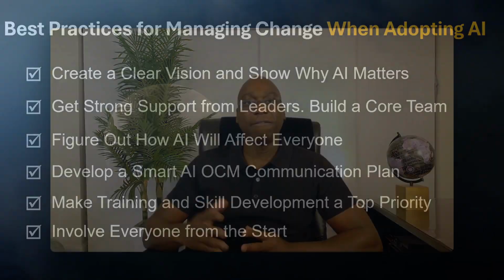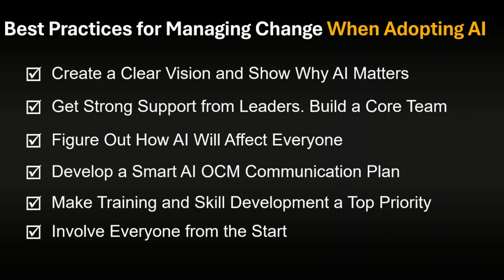If, for example, your AI implementation is impacting 500 people, 1,000, 5,000, 10,000, 20,000, you cannot include everyone. And so you want to ensure you include the champions from each of the different impacted groups. Identify champions.